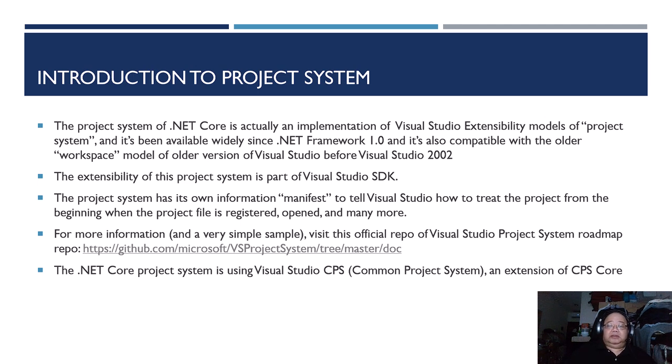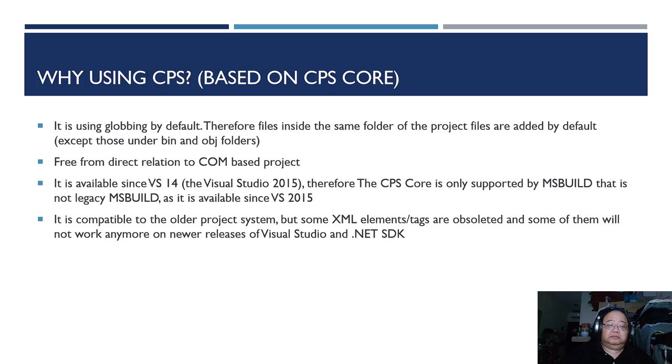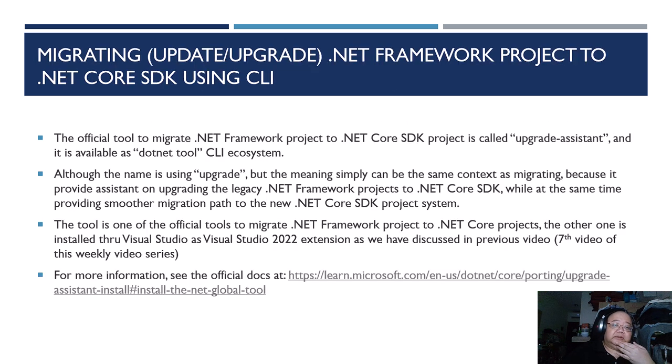So right now, although this project system is part of the Visual Studio SDK, you can run it outside Windows and of course outside Visual Studio as well. So let's continue. Yeah, we already discussed why we are using CPS right now. And now it's time for the migration.